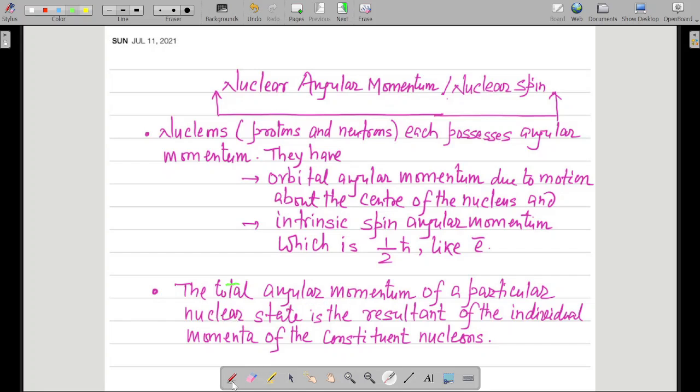If we have some particular nuclear state, that is, we write the nuclear configuration.